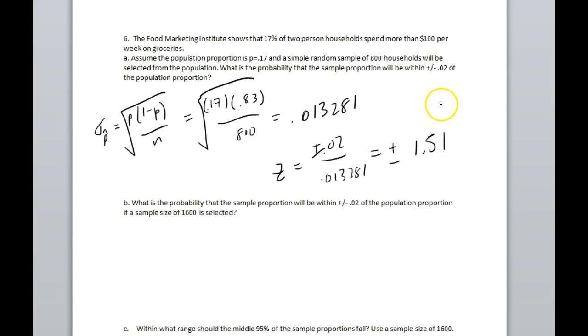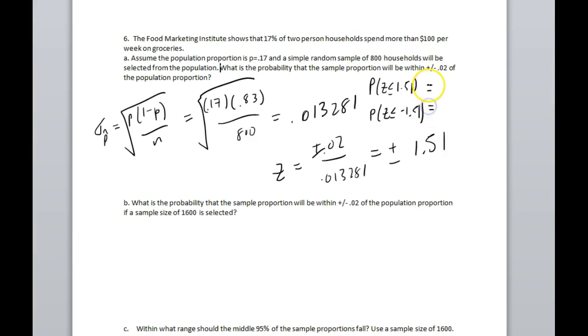So we find the probabilities associated with the z-scores. Probability that z is less than 1.51 and the probability that z is less than negative 1.51.